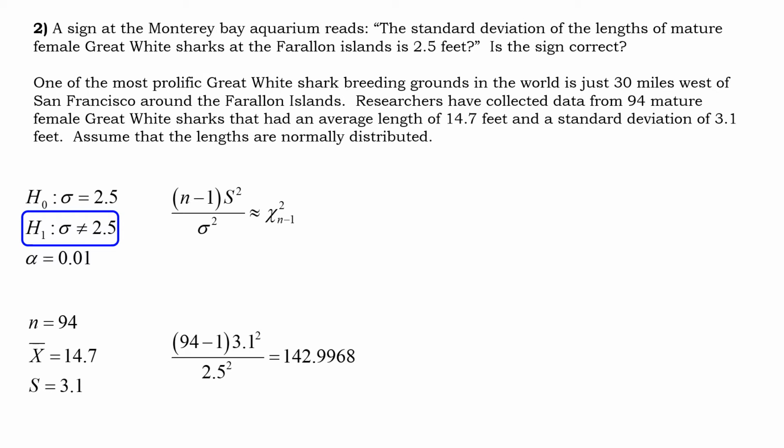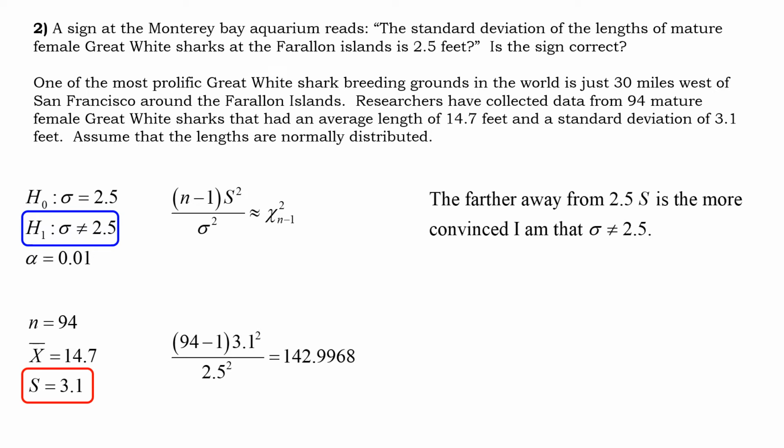So I'm going to look at the sample standard deviation. Currently, that's 3.1. My sample standard deviation is a little bigger than 2.5, so I have some evidence that 2.5 is the wrong number for the overall standard deviation. Now, the farther away from 2.5 S gets, whether lower than 2.5 or higher than 2.5, in either direction, right?